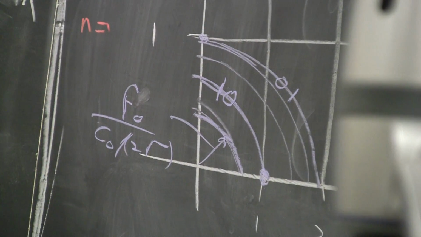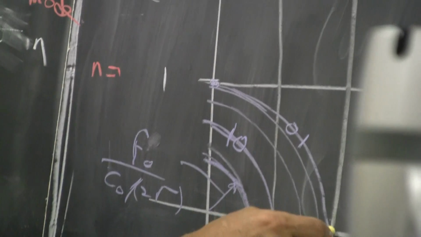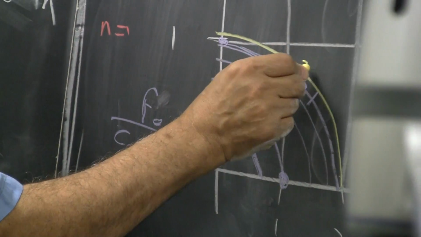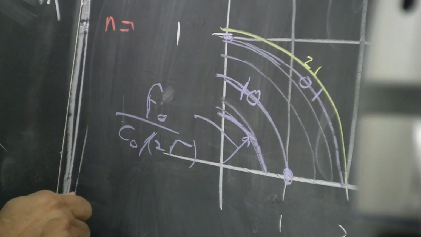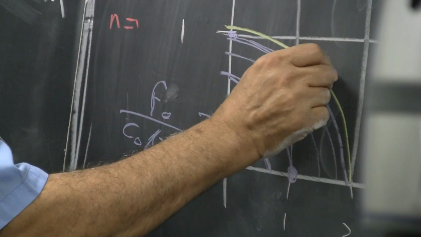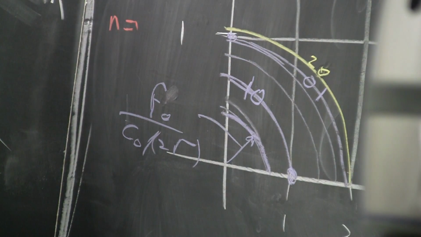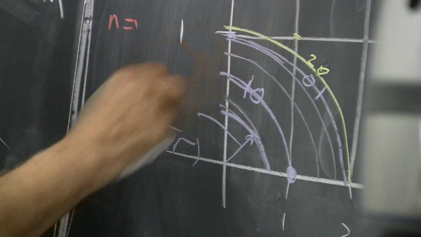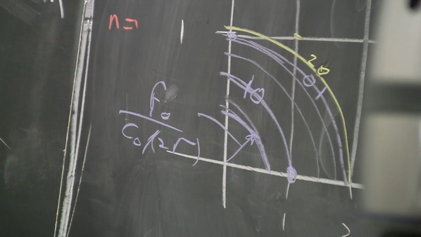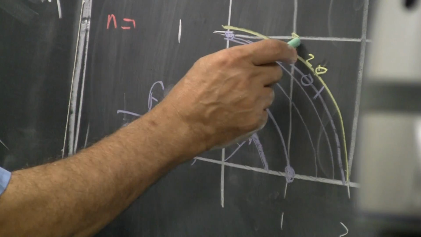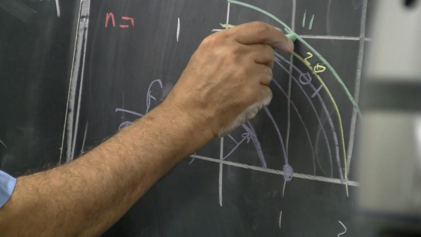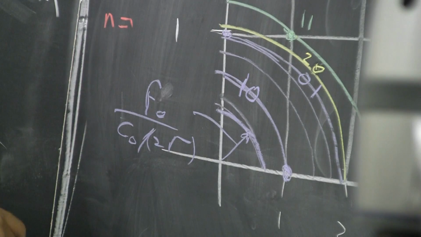Let me get a third color. If I do this one here, I get now the 2-0 mode. If I go to this point here, let me use a third color, I get to the 1-1 mode. That's your 1-1.